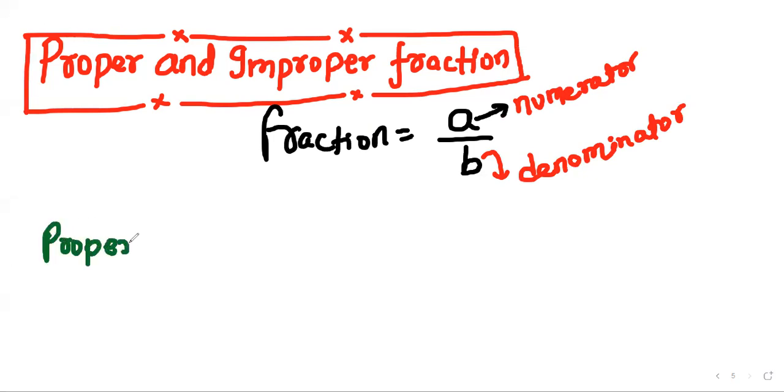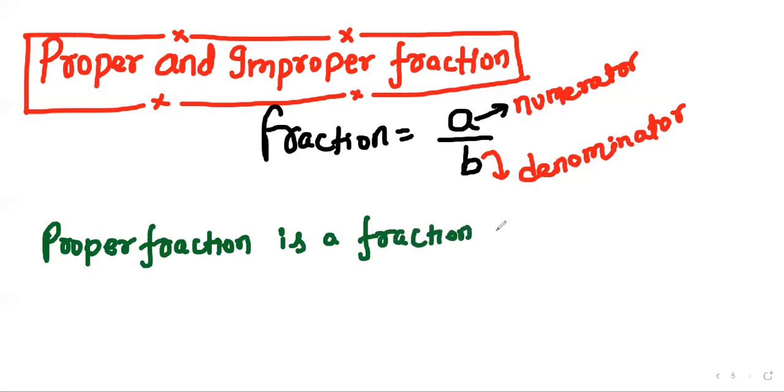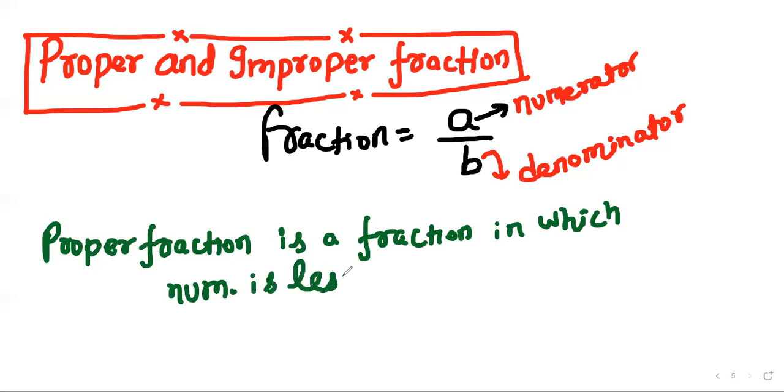A proper fraction is a fraction in which the numerator, NUM, is lesser than the denominator, DENOM.